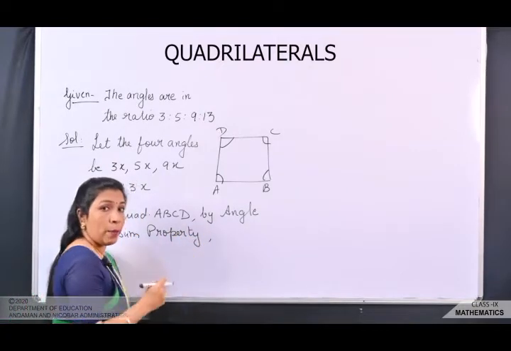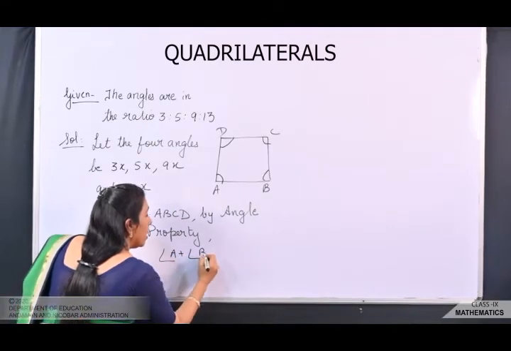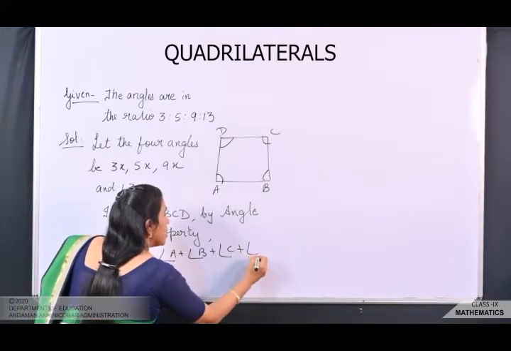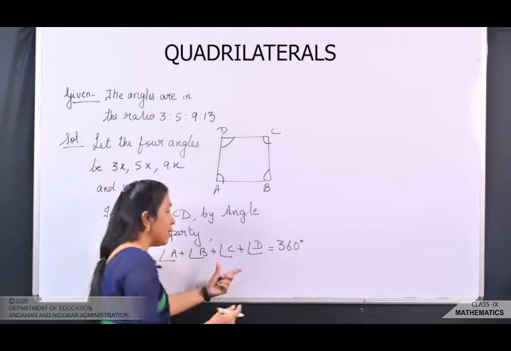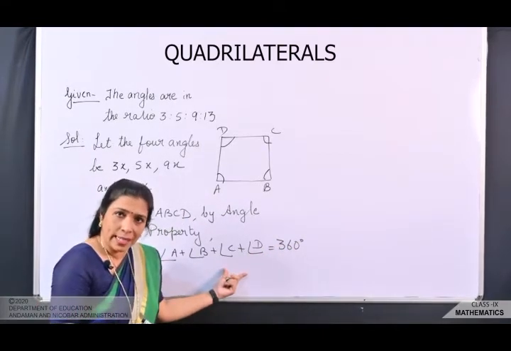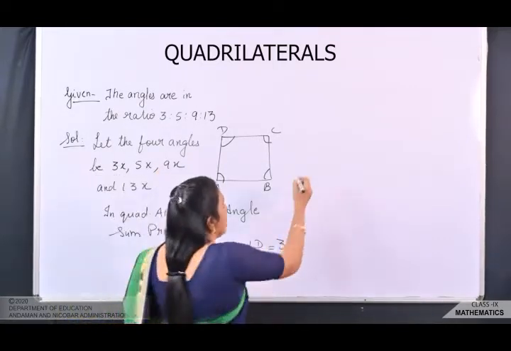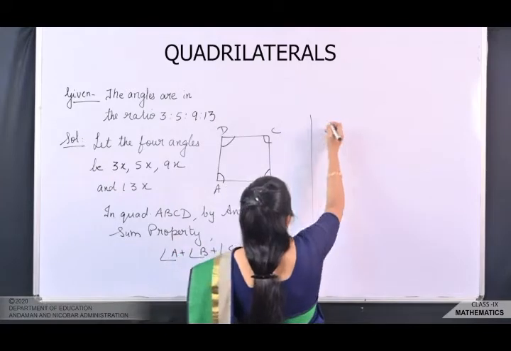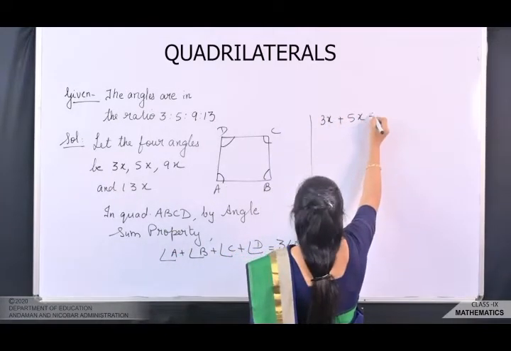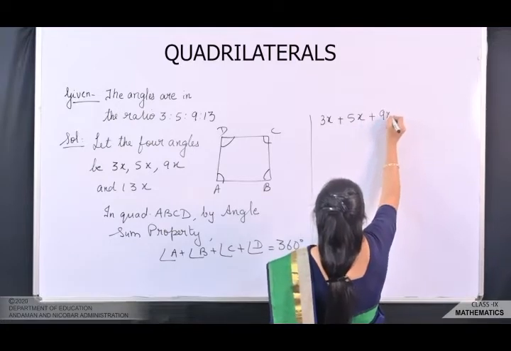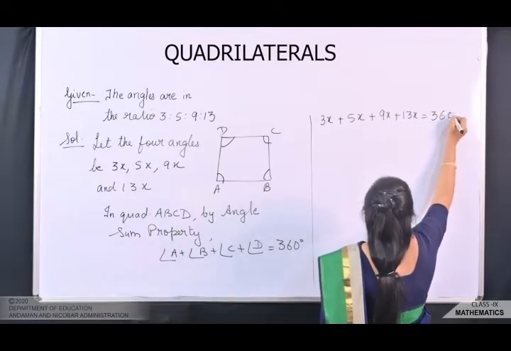By angle sum property हमारा क्या आएगा? Angle A plus angle B plus angle C plus angle D is equal to 360 degree. This is our angle sum property of a quadrilateral, isn't it? So now in the place of angle A, we'll substitute the values. That is, suppose that angle A is 3x plus 5x plus 9x plus 13x is equal to 360 degree.